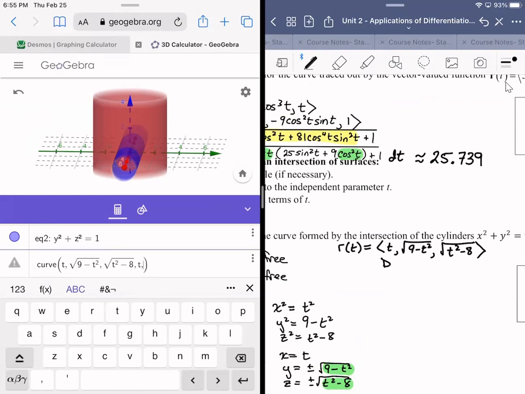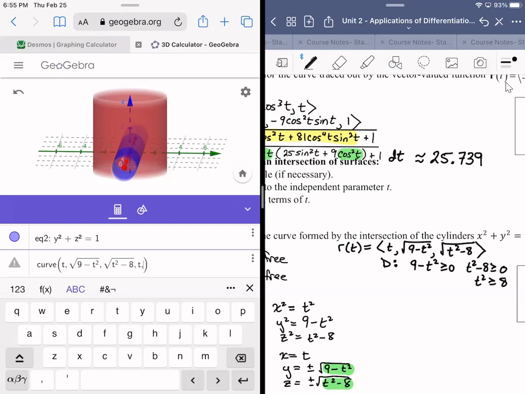The domain, well, based off of the t squared minus 8 and the 9 minus t squared, it's going to have a restriction. So 9 minus t squared has to be greater than or equal to 0. And t squared minus 8, same deal. So t squared has to be greater than or equal to 8, which means that the t value has to be beyond 2 radical 2 or negative 2 radical 2.